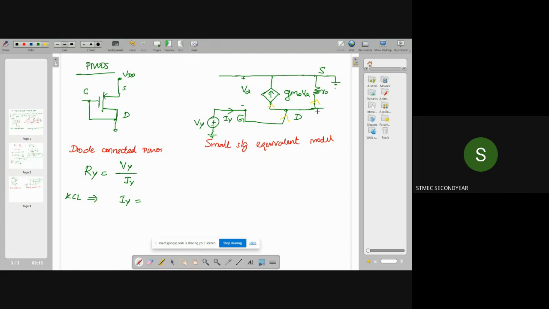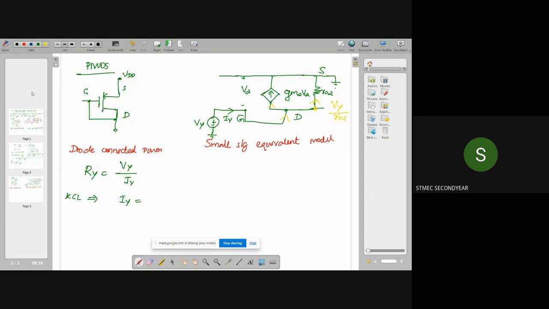At this point the potential is Vy, so the current will be Vy divided by R02. R02 is represented like R01 and V1 for the NMOS earlier.